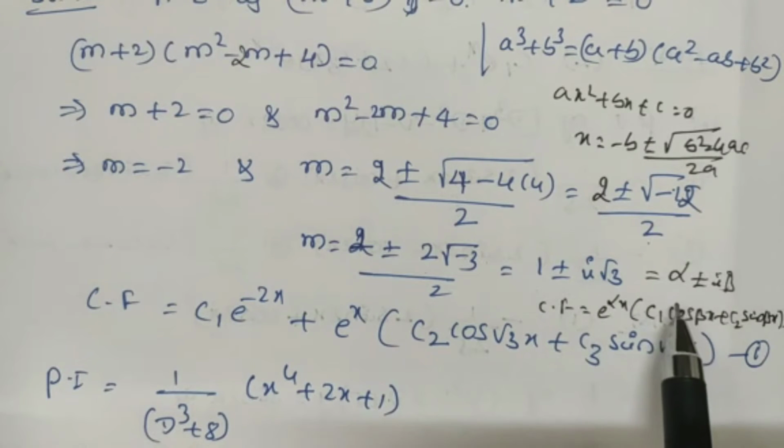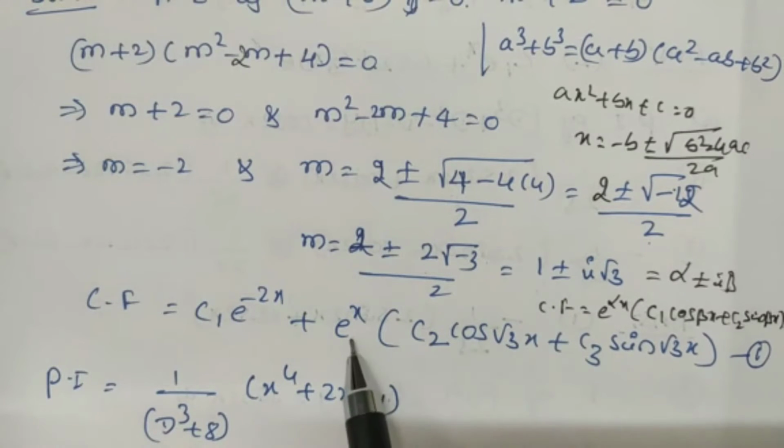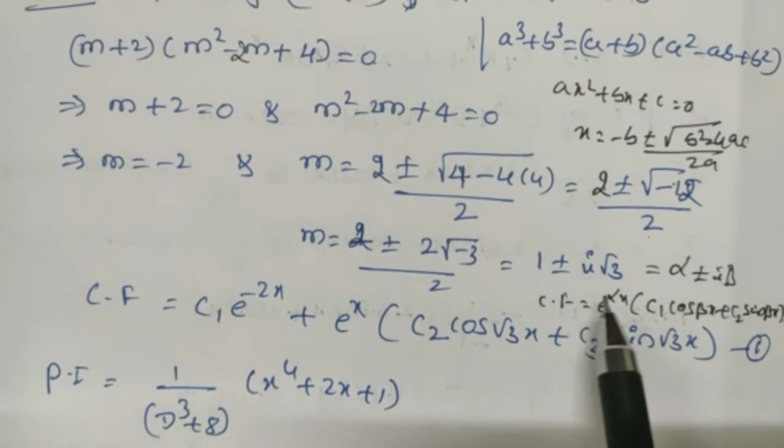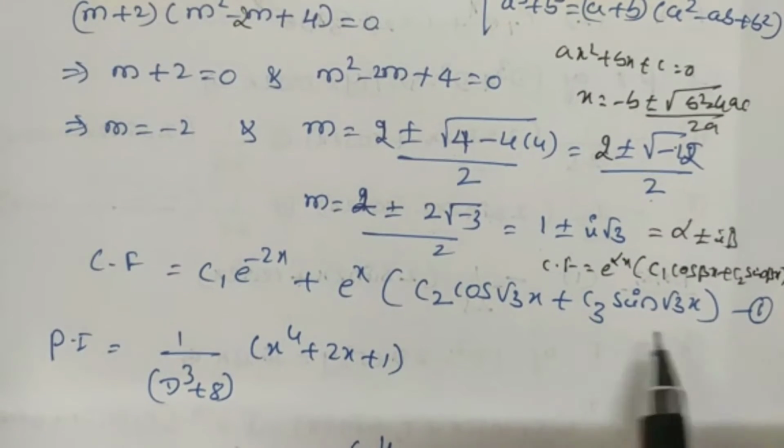Here it is in the form of a complex root, so its complementary function is e^(αx), where alpha is the real part, that is e^x (c2 cos √3x + c3 sin √3x). This is question number 1.